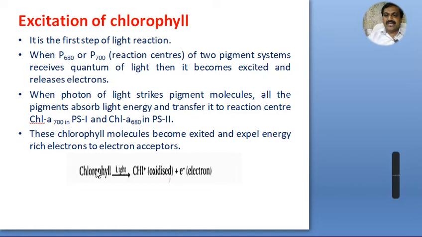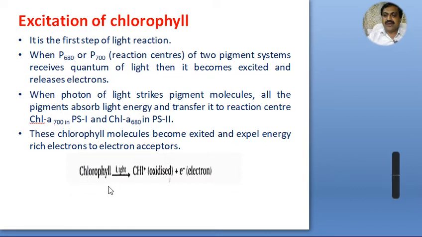After absorbing light energy, the chlorophyll molecule gets excited. Why does it get excited? Because it gets extra energy from solar energy.